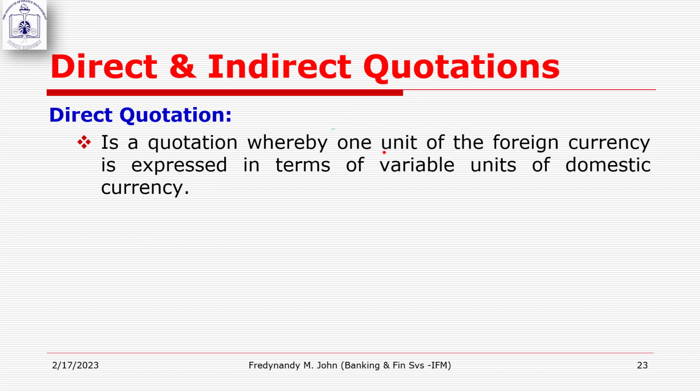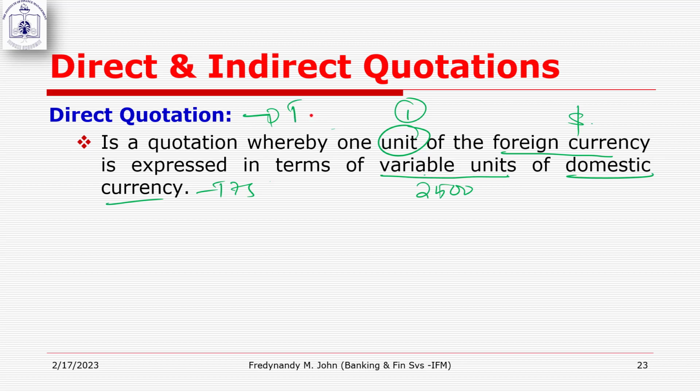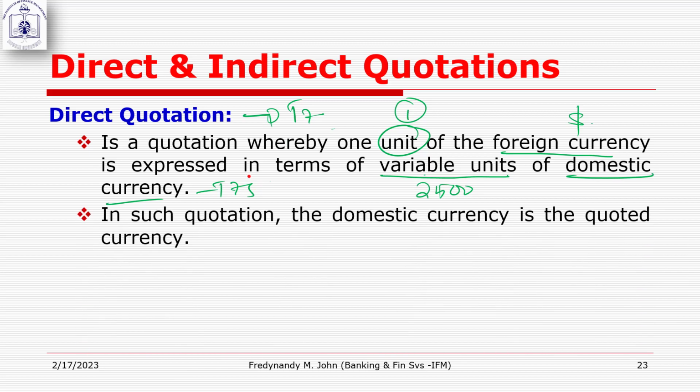If one unit of the foreign currency, for example, USD, is expressed in variable units of domestic currency, for instance, TZS, then we say that is direct quotation. But remember, this quotation needs to happen in Tanzania to be qualified as direct quotation.